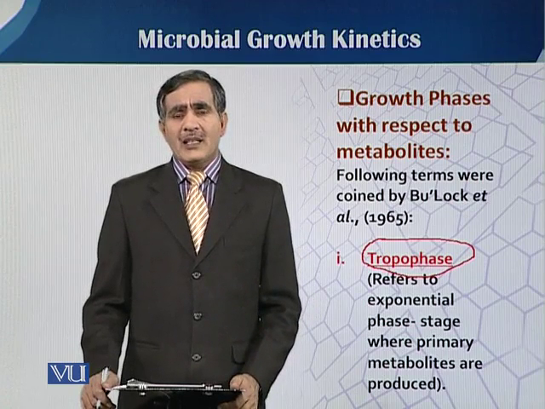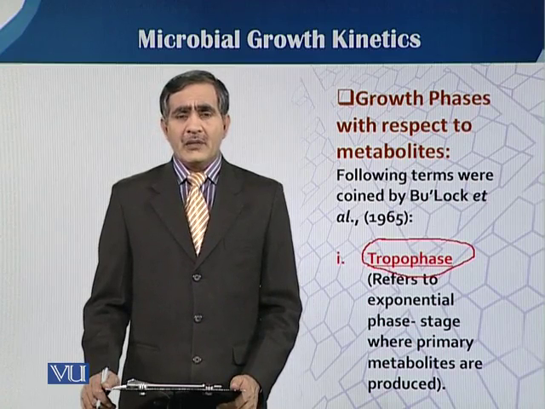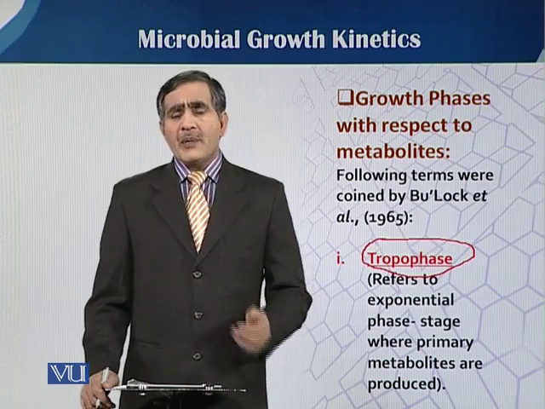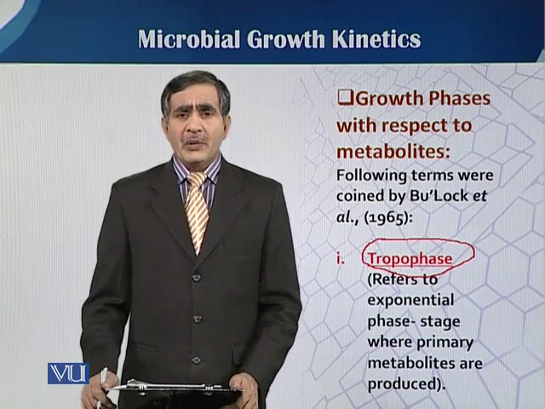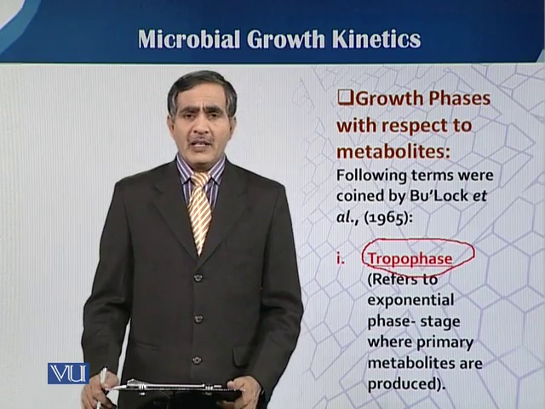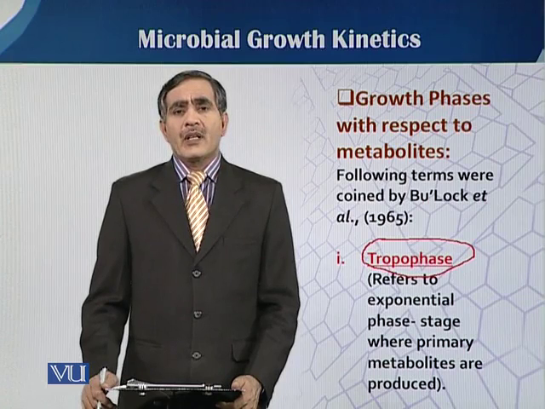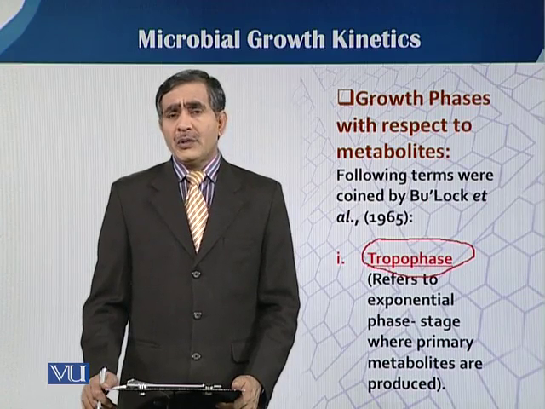As we discussed in the range of products during the fermentation process, there are different types of metabolites produced: primary metabolites, secondary metabolites, tertiary metabolites. But Bu'Lock et al. divided the growth phase into 2.